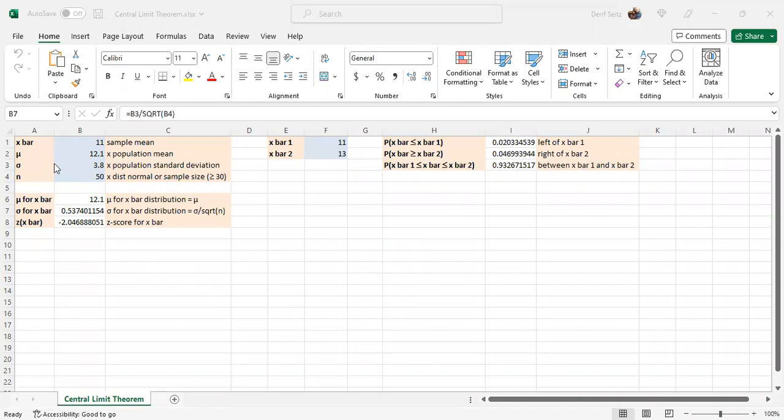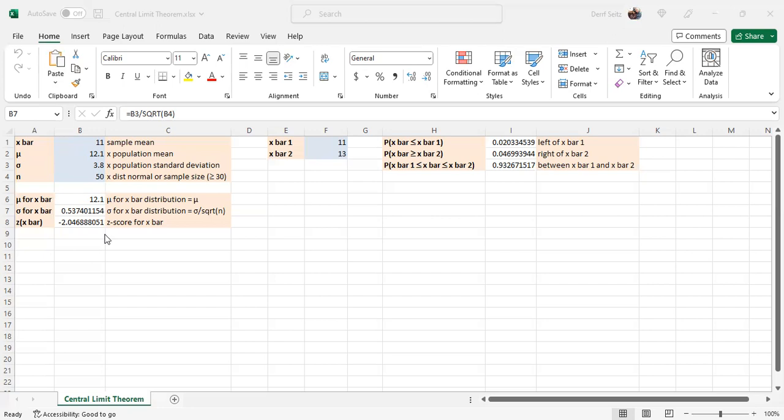The idea is that you repeatedly take samples of size n from an underlying population, the population for X, and for each sample you calculate the mean of the sample X bar. And that set of X bars form their own distribution, which is called a sampling distribution.